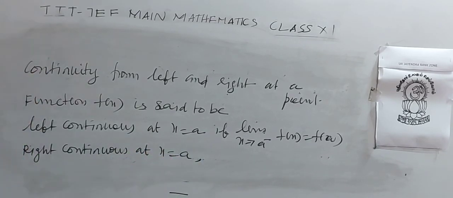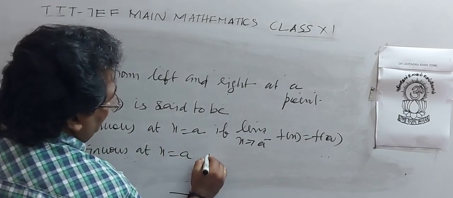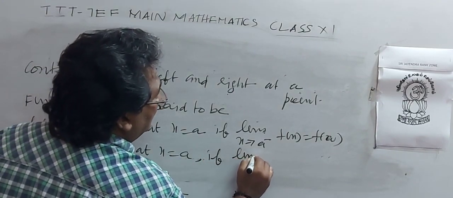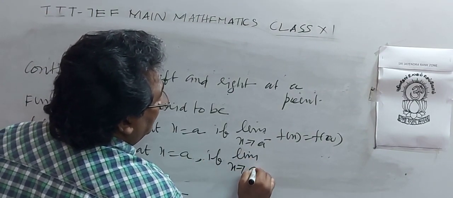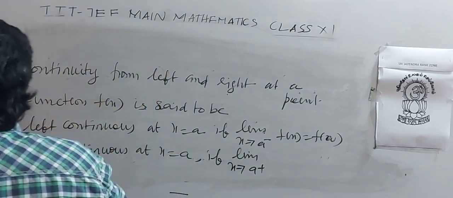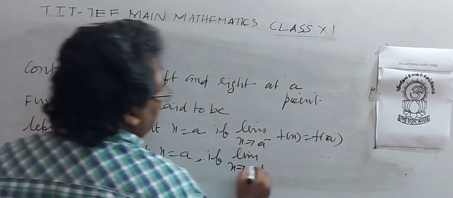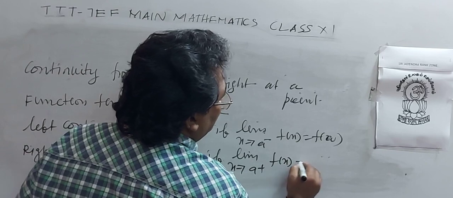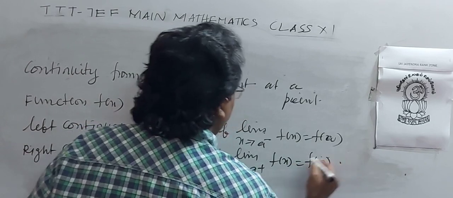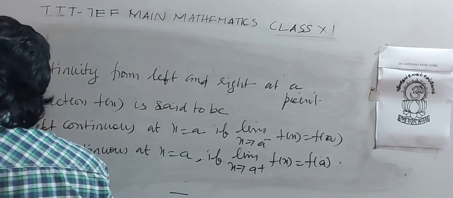Right continuous at x equal to a if the limit as x tends to a plus of f of x equals f of a.